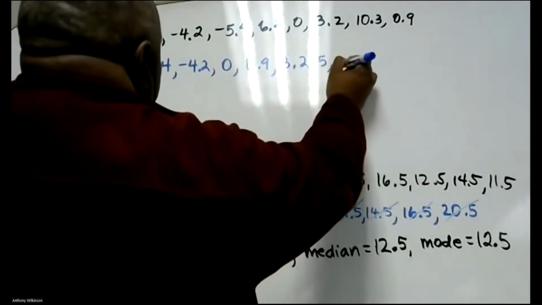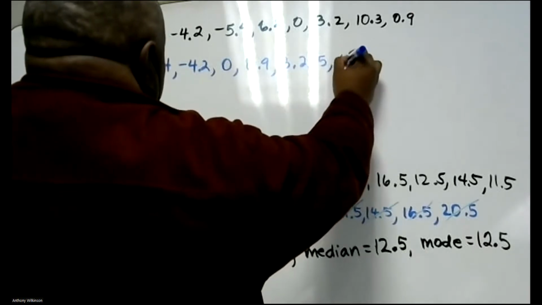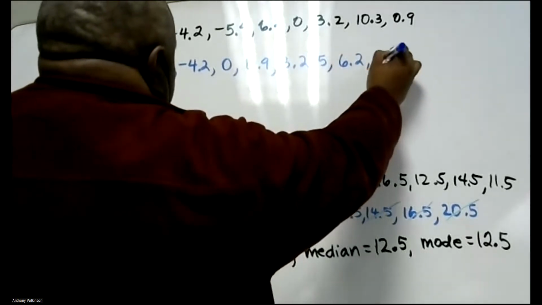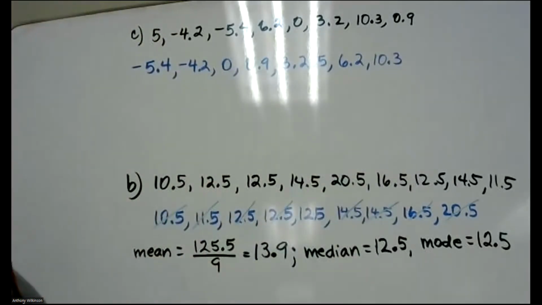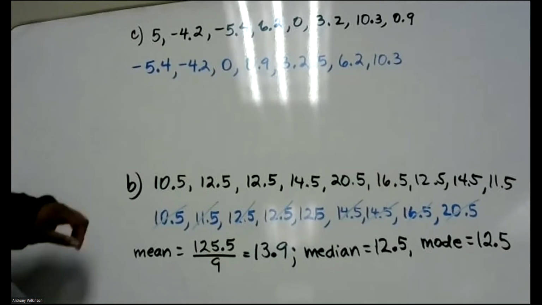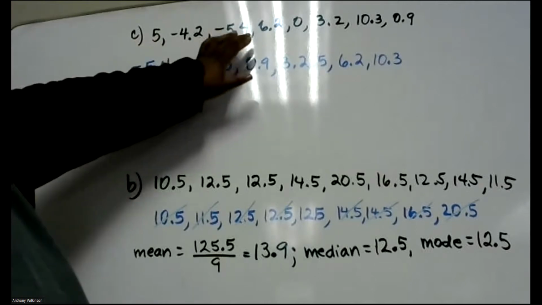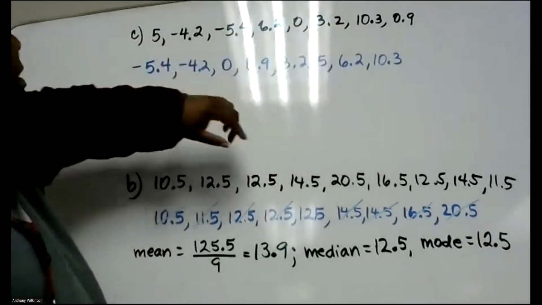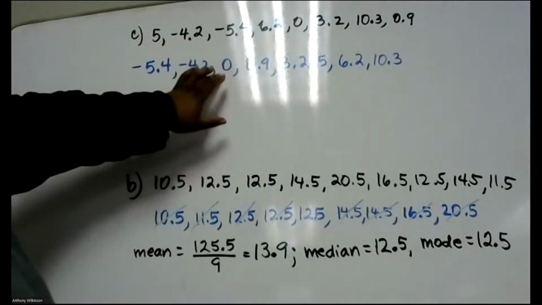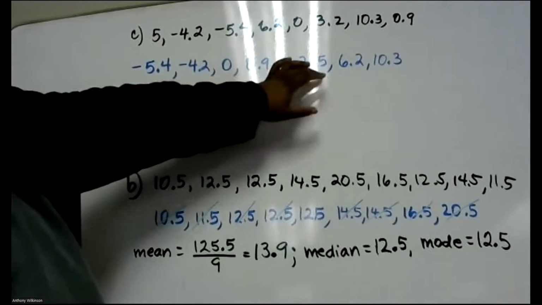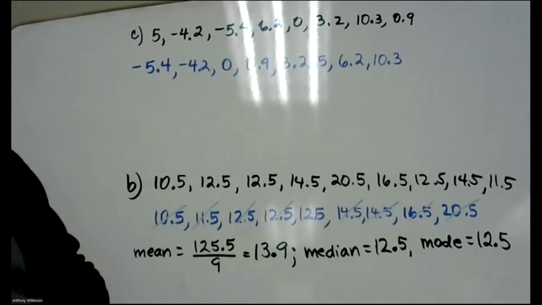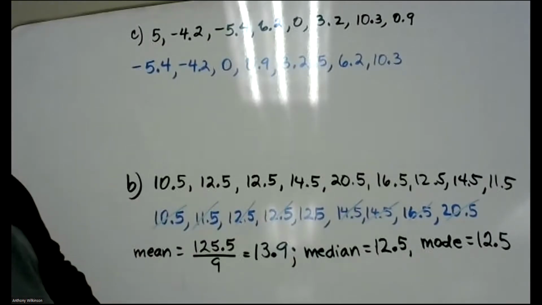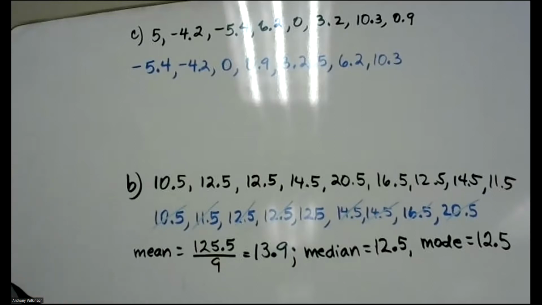And then 5. And then 6.2. And 10.3. Okay. Just want to make sure I have all my data values there. So that's the sorted data set.